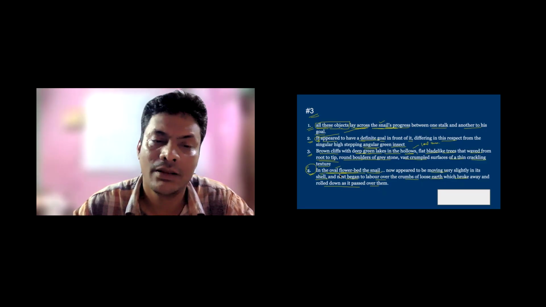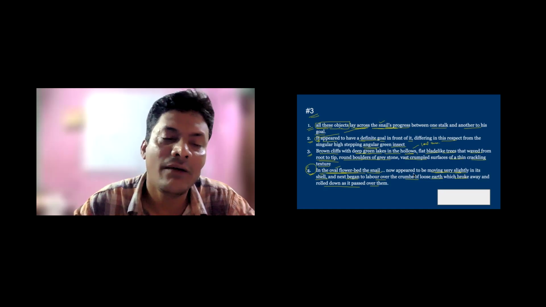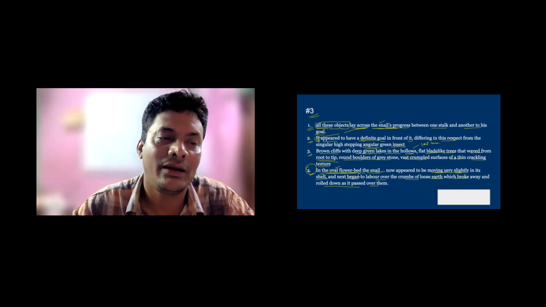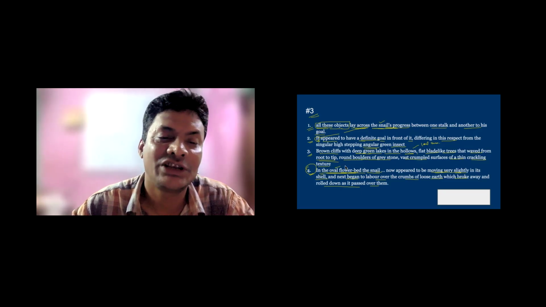Now, in that case, the writer in the fourth sentence is trying to describe a snail, isn't it? A snail moving slowly. When we say moving very slightly, it means moving very slowly in a flower bed, right? A flower bed shaped like an egg, right?